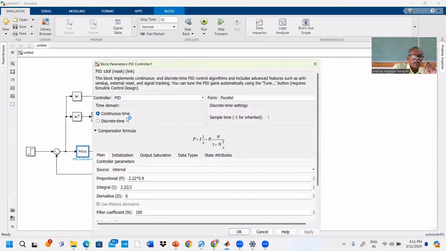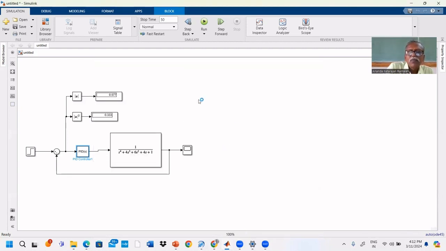Kc equal to what? 0.9 times 2.22. You will get it.